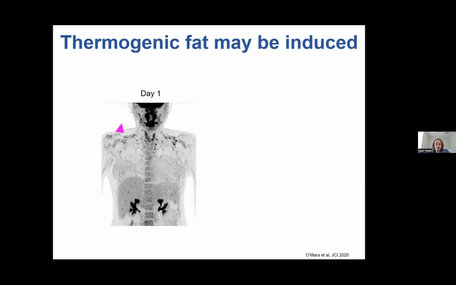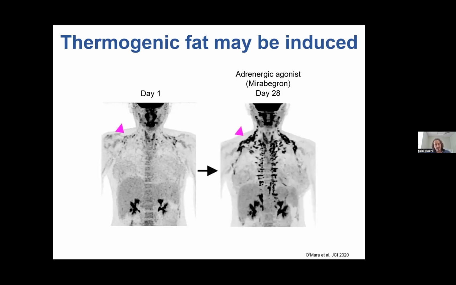So before there was no expression of brown fat or no glucose uptake, and you can see the treatment with 28 days was able to restore this brown fat, either by recruiting new beige fat or by inducing the activation of this brown fat. This overall suggests that thermogenic fat is important for metabolic health, and that brown fat could actually be induced in humans, making it very relevant for human health.